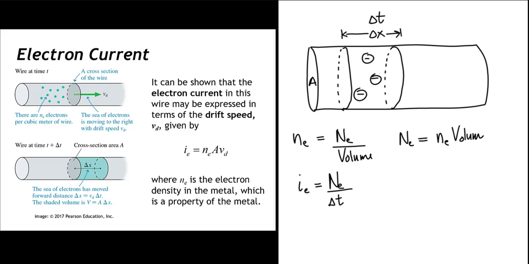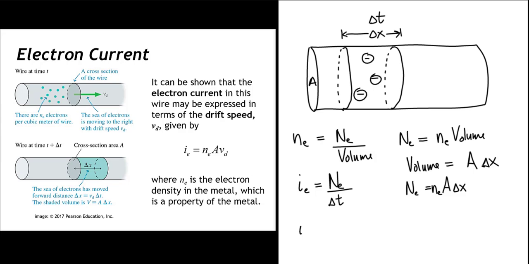If we take a volume of these charges, that is going to be equal to the area times the distance it moved through. So that's basically the volume of a cylinder as I've depicted in this picture, essentially the area times the displacement. With that said, the number of charges is equal to the area times the displacement times the density of charge carriers that we have.